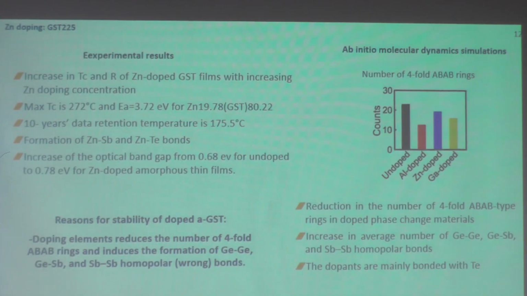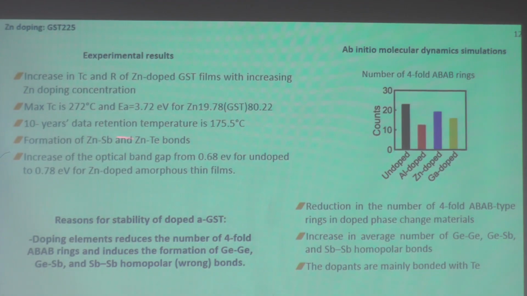So now to the zinc doping of GST 225. From experimental results, it also influenced the crystallization temperature and resistance of this phase. TC can be increased up to 272 degrees C, and 10 years data retention can also be increased.